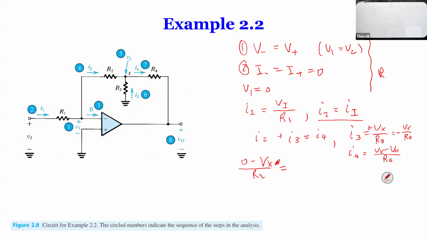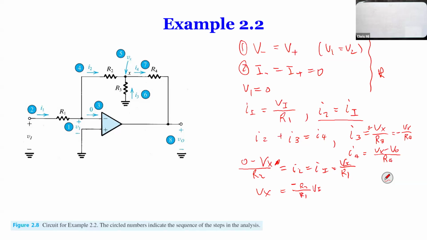Minus Vx divided by R2 is the current going into R2. And that current is I2, but it's also equal to I1, which we just calculated as Vi over R1. So right away, you can get Vx. Vx will be minus R2 over R1 times Vi. So you find Vx.